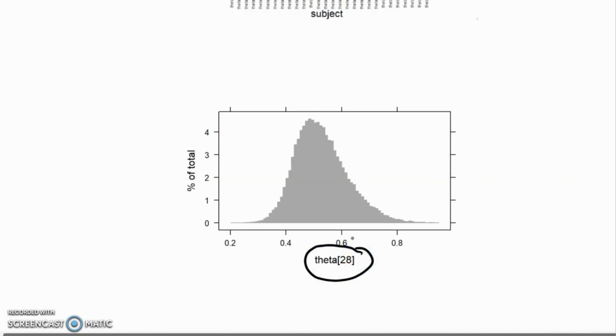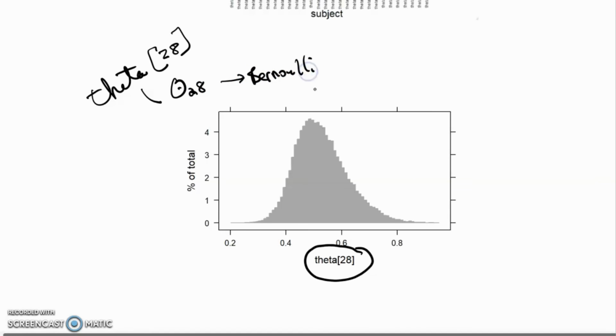What are we looking at here? This is our best guess, the posterior distribution of theta 28, which would be the Bernoulli parameter from which the ones and zeros were obtained.